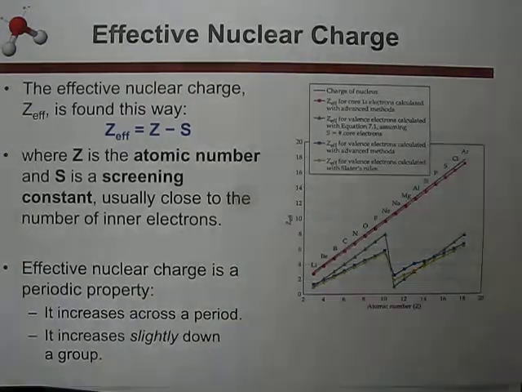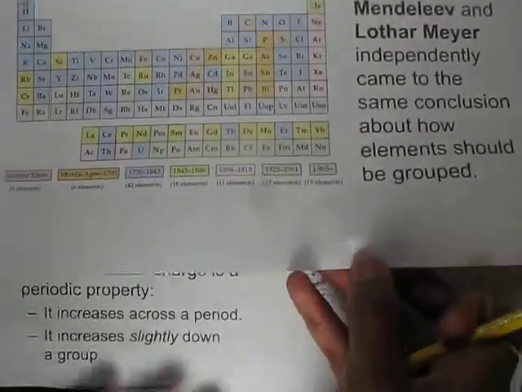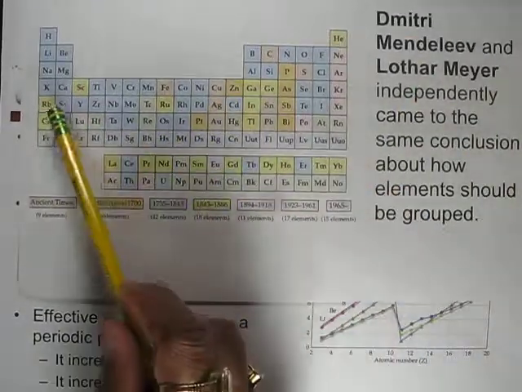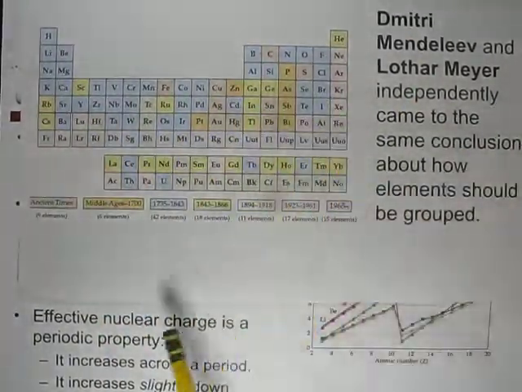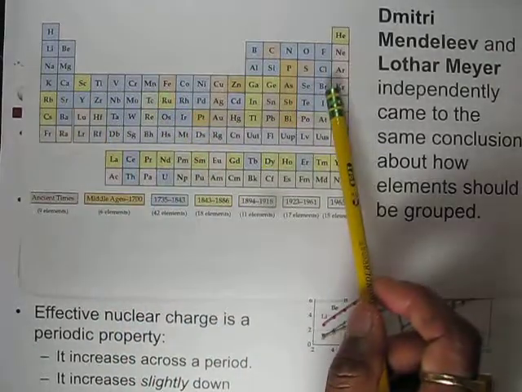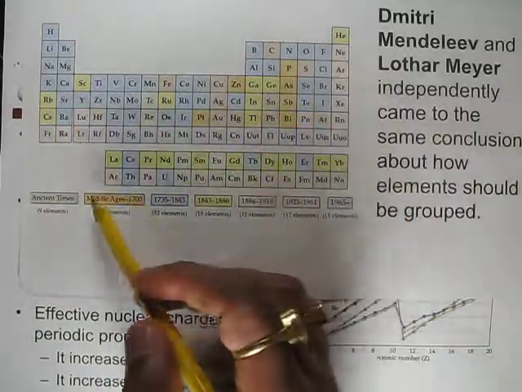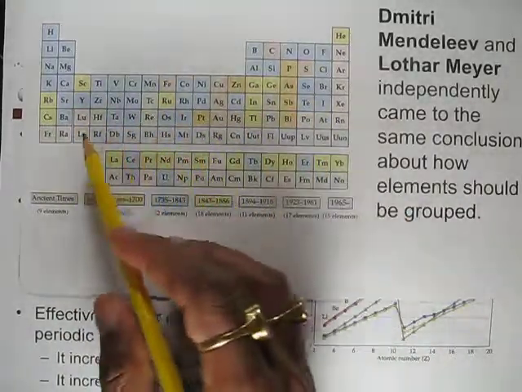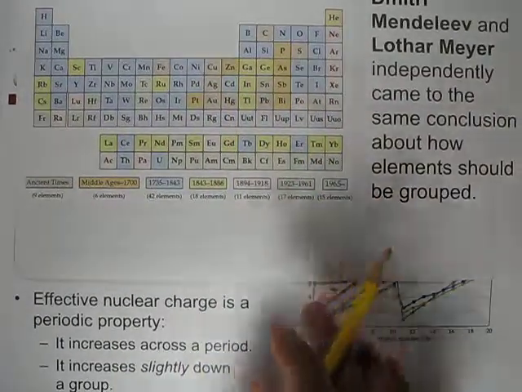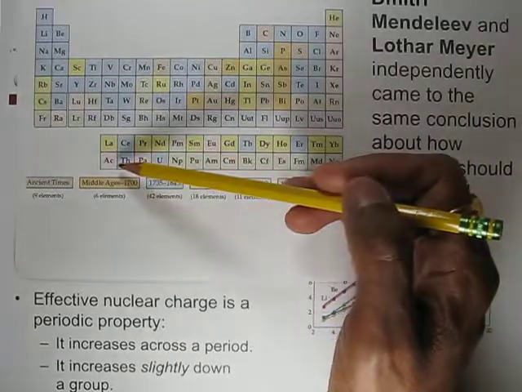What does it mean? It means that effective nuclear charge increases across the period, as you can see in this periodic table. As we move from left to right, the atomic number increases and the number of protons and electrons increases, which is why effective nuclear charge also increases, and slightly increases from top to bottom also.